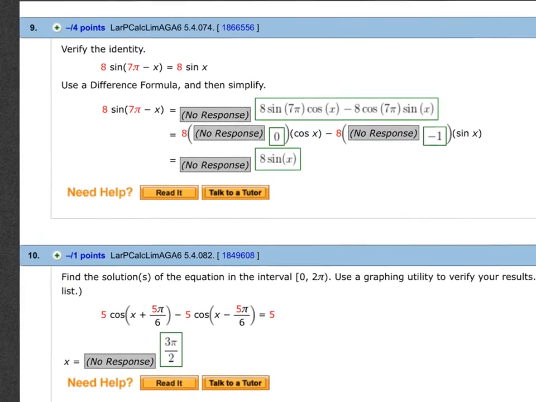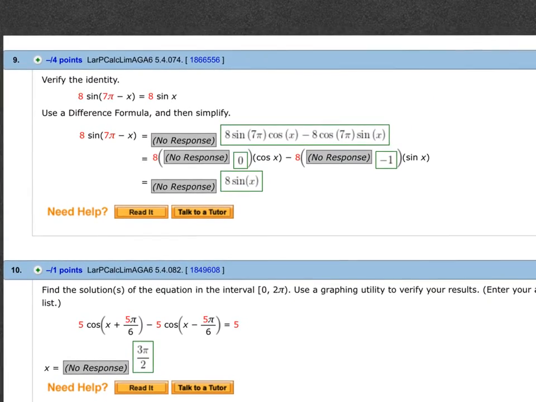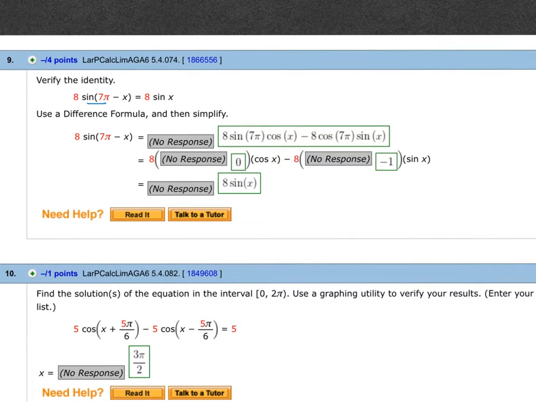If I look at the first one, it says 8 times sine of 7 pi minus x. This is sine of a difference. So it would be 8 sine of the first one, cosine of the second one. Sine stays the same, so minus cosine of the first, sine of the second, equals 8 sine of x. Then 7 pi is an odd whole number, which means it happens on the left where negative 1, 0 is.